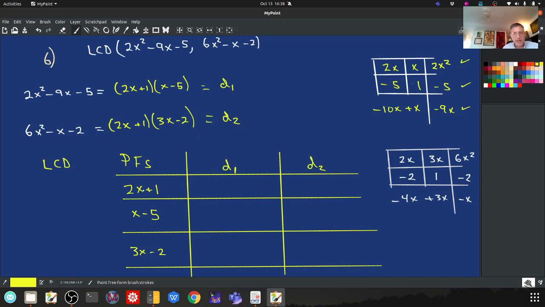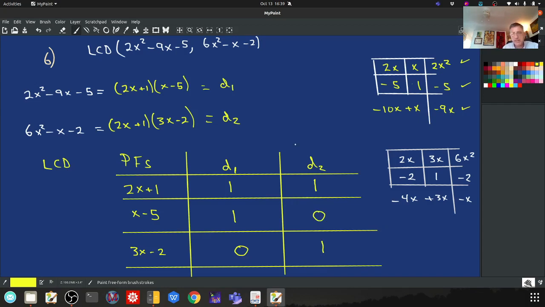So how many factors of 2x plus 1 are in my denominator 1? There's one factor. How many factors of x minus 5? There's 1. How many factors of 3x minus 2? There's 0. Denominator 2. There's one factor of 2x plus 1, there's 0 factors of x minus 5, and 1 factor of 3x minus 2.